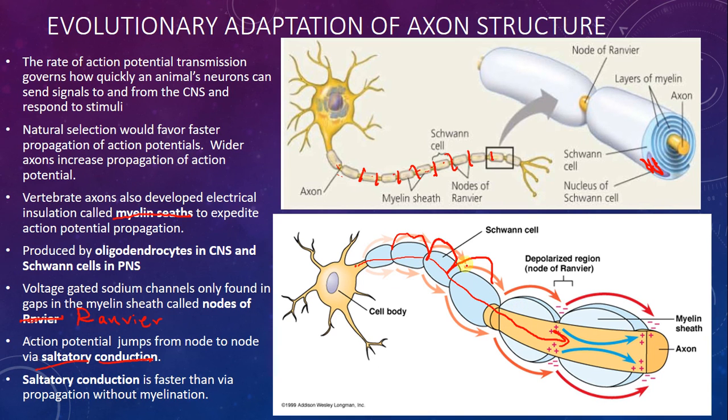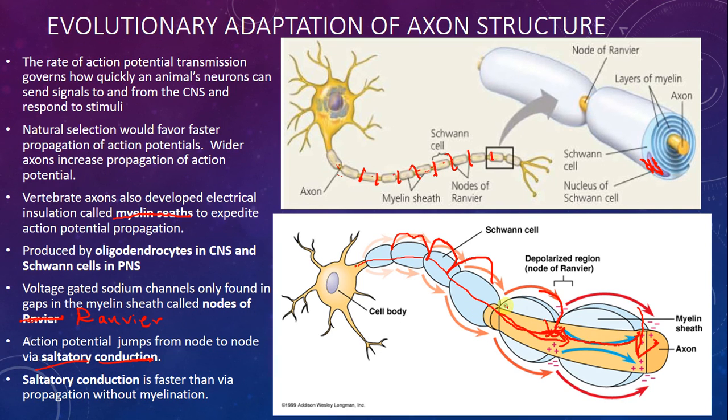and it allows faster propagation of an impulse than just propagating down this neuron without a node. So what happens is the depolarization happens at the nodes, sodium influx, and then the repolarization happens in between the nodes, and then another depolarization, sodium comes in here, and the repolarization happens in between the nodes.